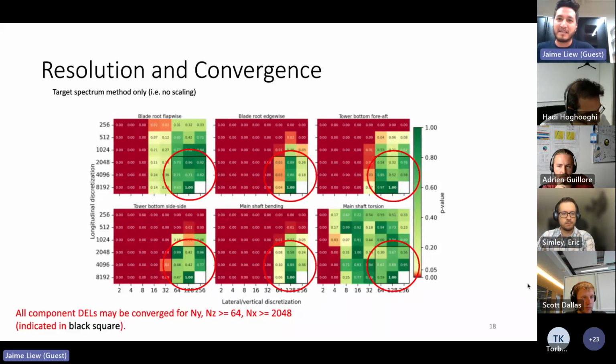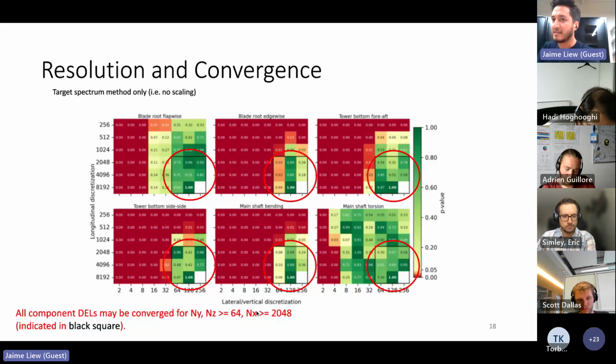Anyway, the recommendation from all of this is that we can see for all of the components here, they are mostly green in this region here. And this comes to my final recommendation, which is for a 10-minute simulation to have a vertical and lateral resolution of 64 points over the rotor or more. And for the longitudinal discretization, it's 2,048 points.